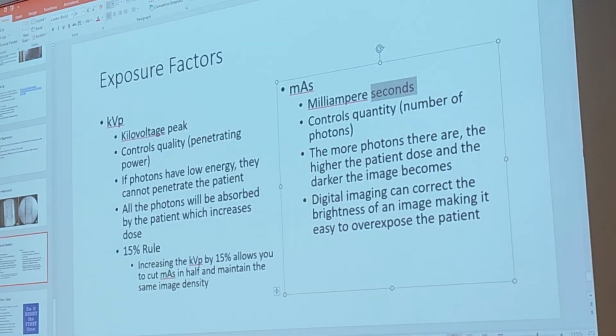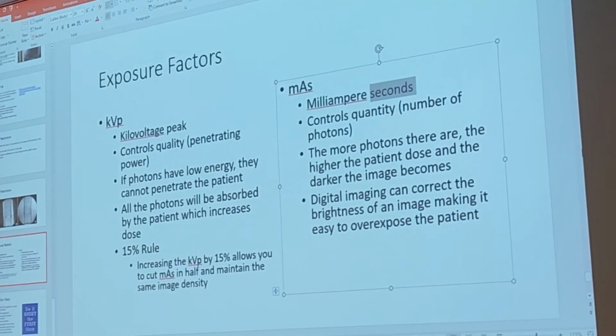You get your quantity of X-rays, right? And it's based on your rate of production and the amount of time you spend producing them. So mass involves time, the amount of time you spend producing X-rays, along with how many X-rays you're producing each second.